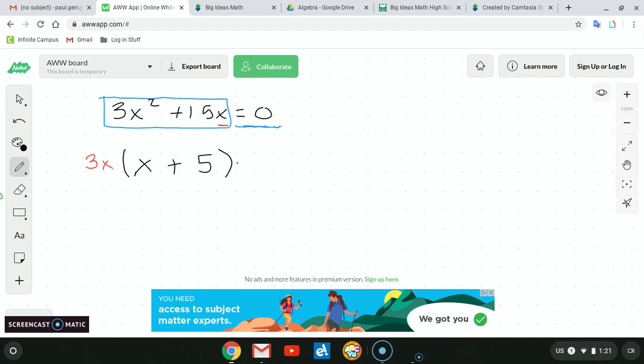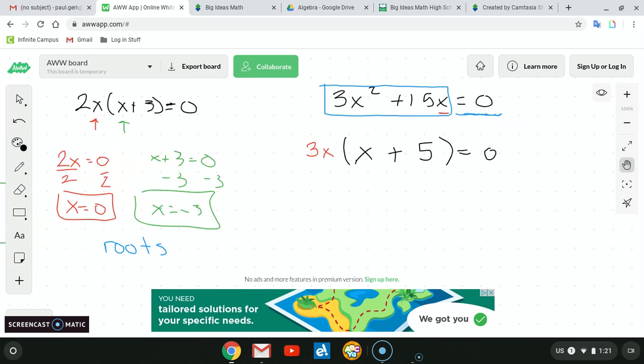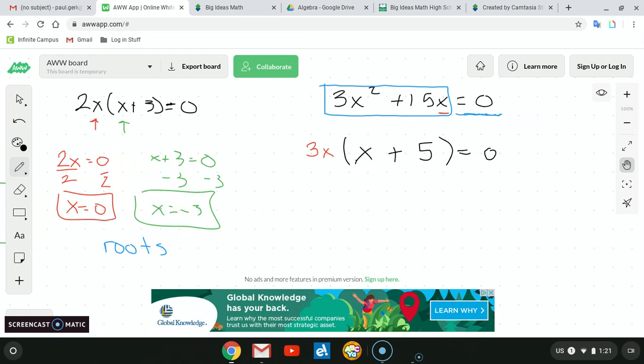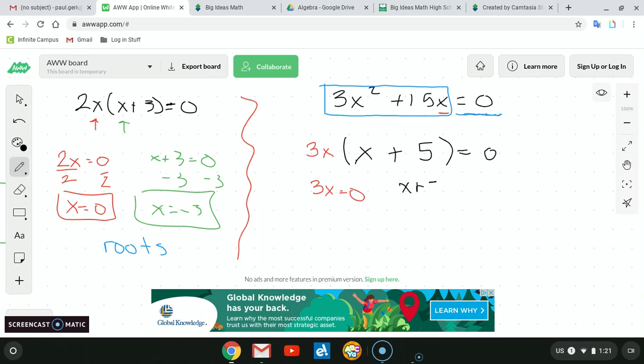Now we're going to bring down this equals 0, and we're going to solve just like we did right there. So following those steps, we set 3x equal to 0. We set x plus 5 equal to 0, and we solve.